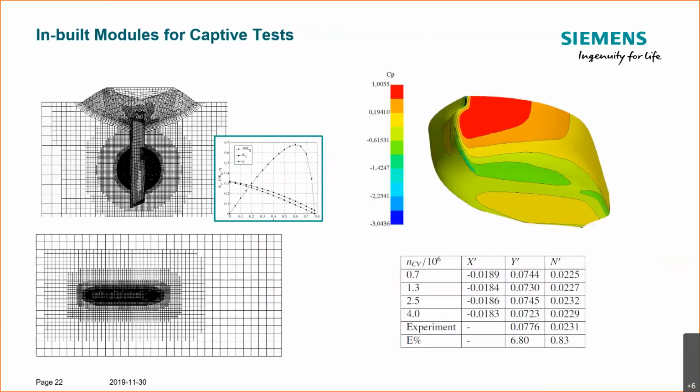And that's completely in line with the fidelity level that we sport anyways in the indirect maneuvering prediction method. And then a grid sensitivity study for a drift test at 12 degrees was performed, and the sensitivity to spatial discretization was very weak. So the second coarsest grid of around 1 million cells was used for all of the tests. You can see here the maximum difference to experiment was 6.8%.